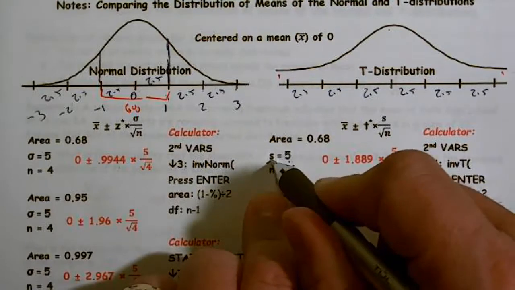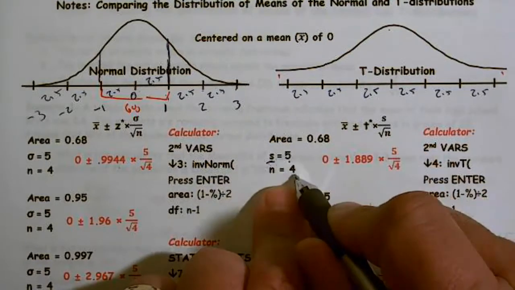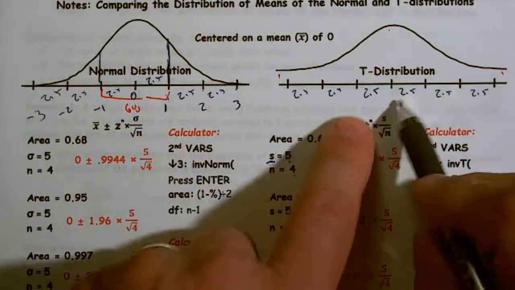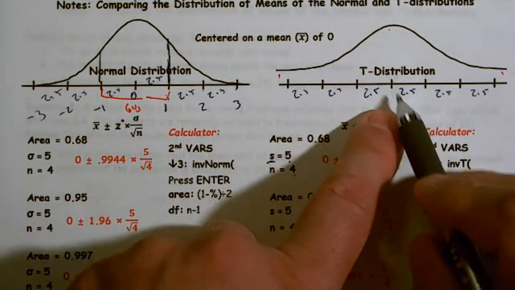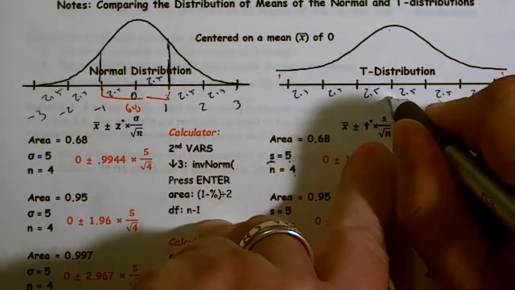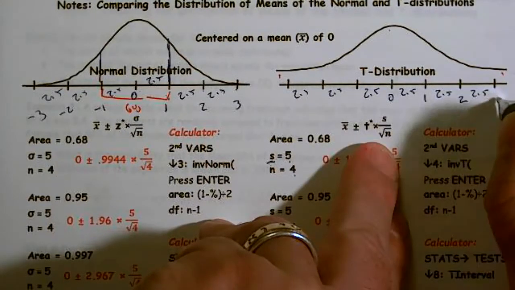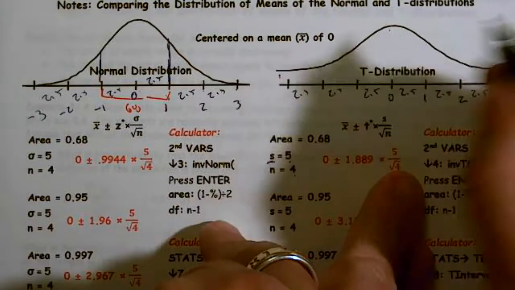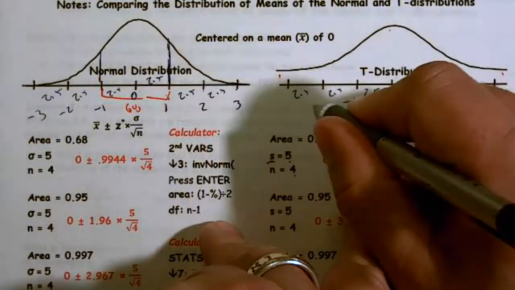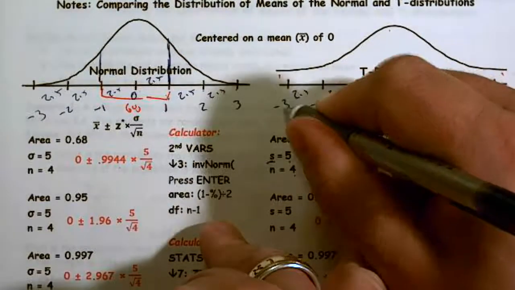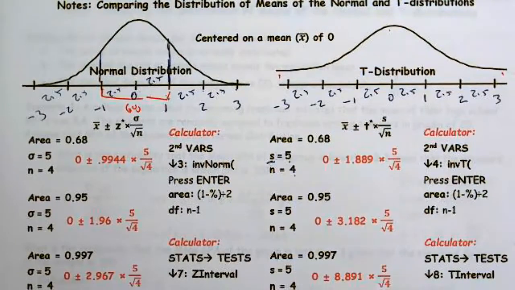Notice I changed it to an S. Sample size is 4. So once again, the distance between these are also 2.5. And this is centered at the mean at 0. This is at +1, +2, +3. This is at -1, -2, and -3. So essentially my number line is the same.